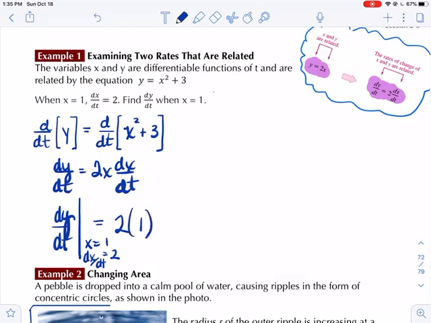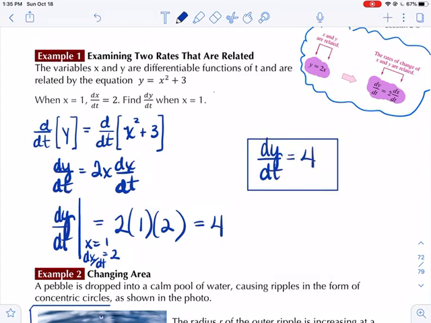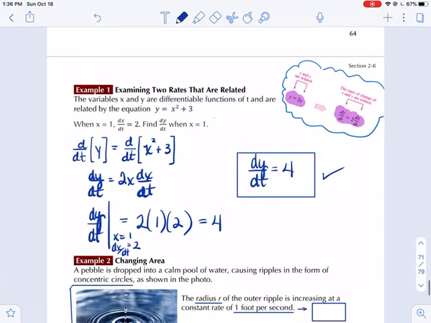So we just say 3 times 1 times 2, and we get dy/dt is 6. So our answer, find dy/dt when x is equal to 1, dy/dt is equal to 6. And we don't have any units on this, so we just leave it with just the number.